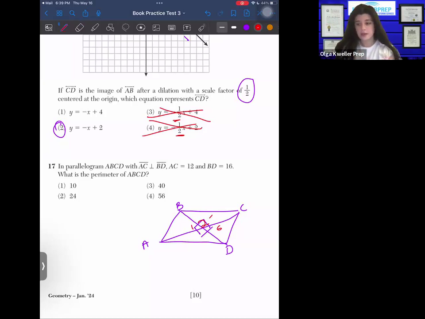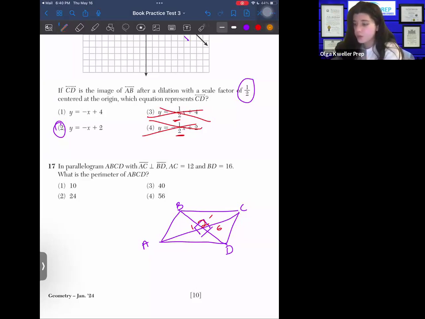So how would you guys tackle that? So what do we know about diagonals of a parallelogram? So diagonals of a parallelogram, they bisect each other.